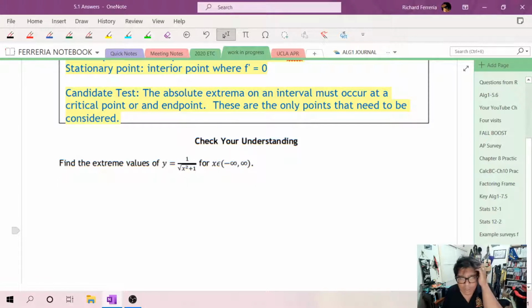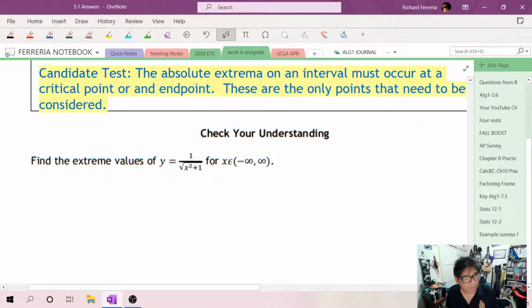Now there's a couple of things that are interesting about this function. The first thing I'm going to take a look at is that our denominator is always going to be positive, because it has a square root, and that square root always gives me a positive result. It doesn't matter what number I put in for x, I'm always going to get a positive number.